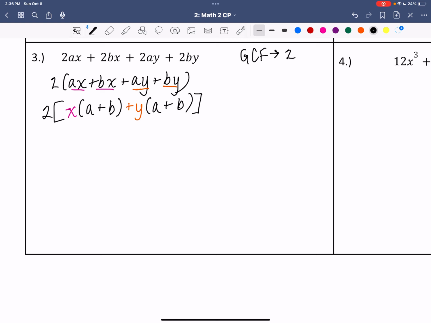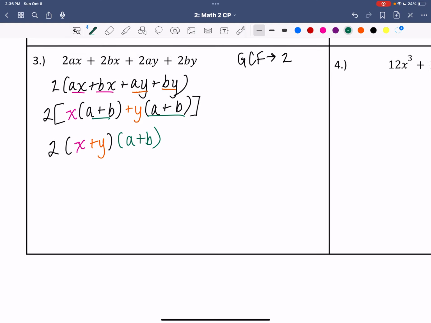So we have our 2 left over. And then let's start combining. I've got x plus y. And if you notice, these two should be the same if you factored by grouping correctly, and you get a plus b. And that is as factored as you can get.